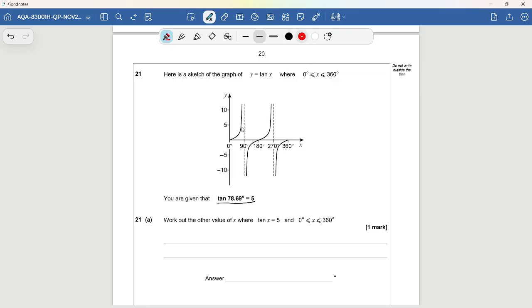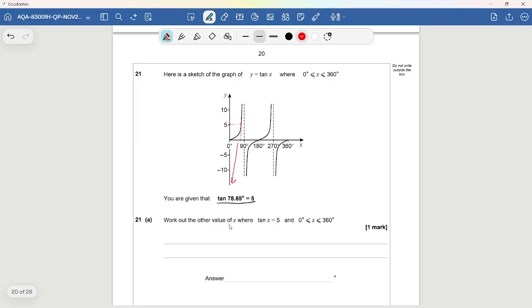If I use another color, this value, so tan x is 5. At 5 on the y-axis, its corresponding x value is 78.69 degrees. You have to figure out when tan x is 5 another time on this graph.